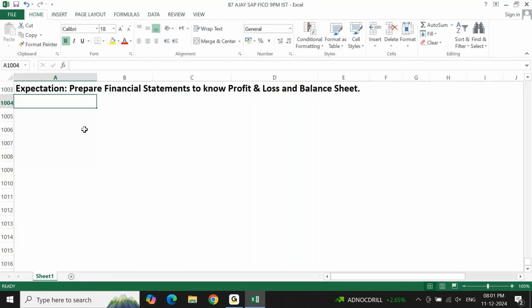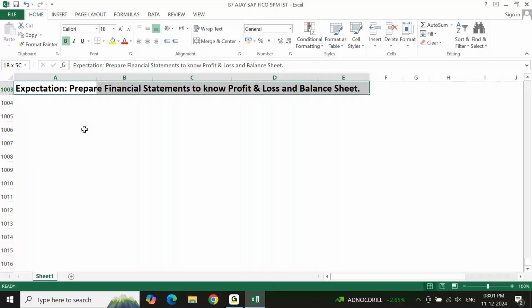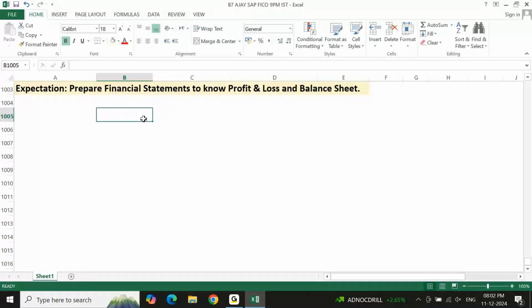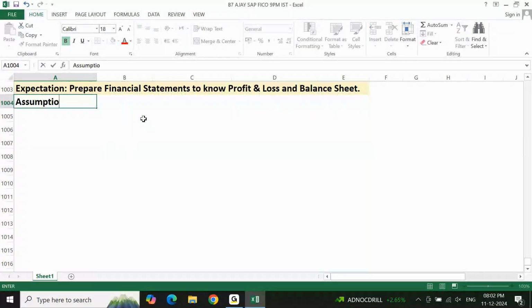To prepare profit and loss and balance sheet is what our expectation. Now, assumption again. What are we assuming? For which month did we take all the transactions? Current, December? November. November, right?